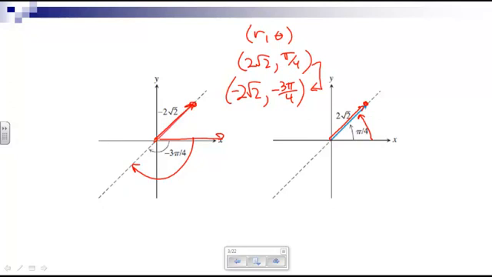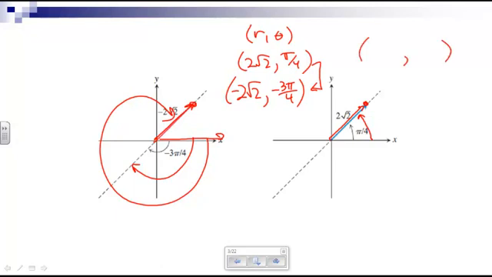And there's even more than that for this point that we would have called rectangular 2, comma, 2. How about we rotate starting here and go all the way around? What angle measurement is that?